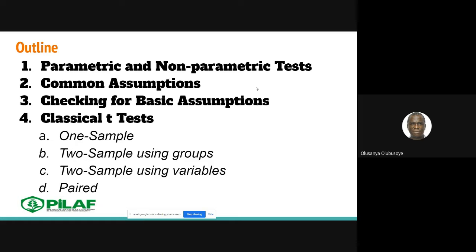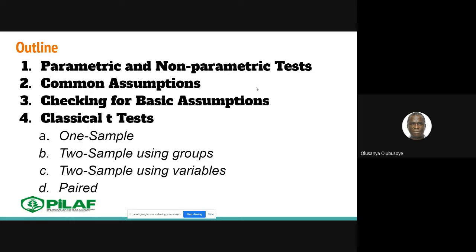Of course, for today, the tests that will be of interest to us are in the class of parametric tests. Though it's not listed in the outline for this training, maybe at a later date, we might also discuss non-parametric tests.